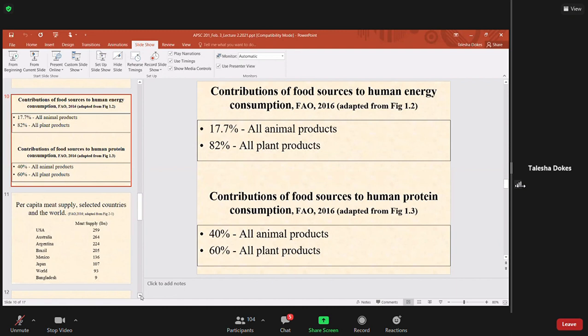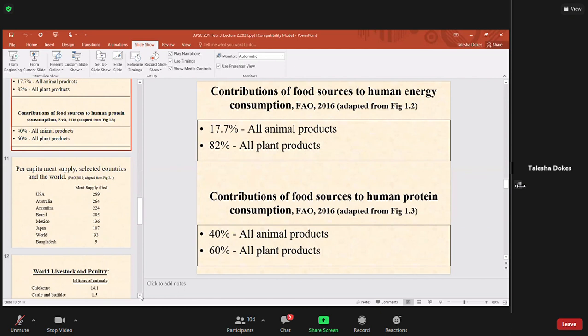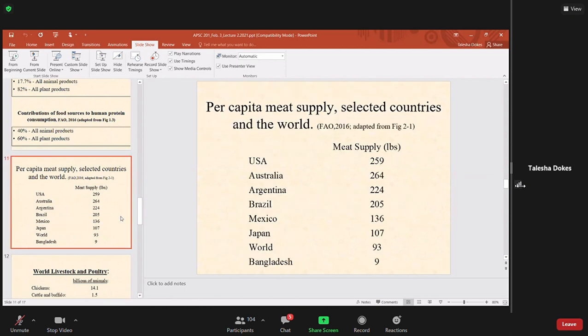Looking at per capita meat supply in selected countries and the world, the U.S. supplies quite a bit of meat in pounds compared to all of the other countries.